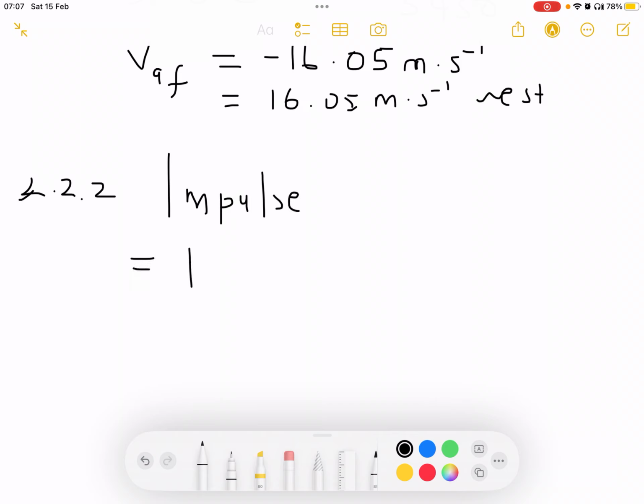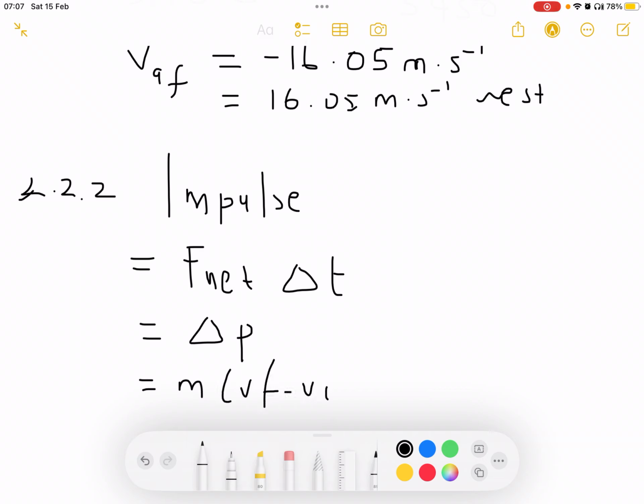Impulse is the product of the net force and the time, which is equal to change in momentum, which equals mass times final velocity minus initial velocity. And then this is on the ambulance.